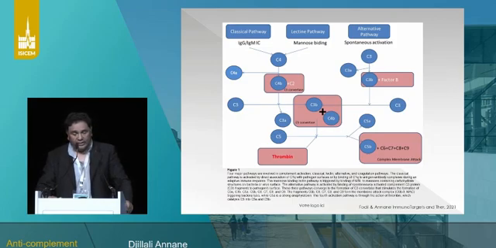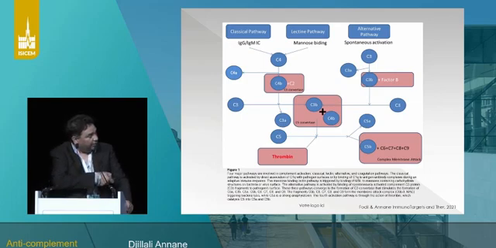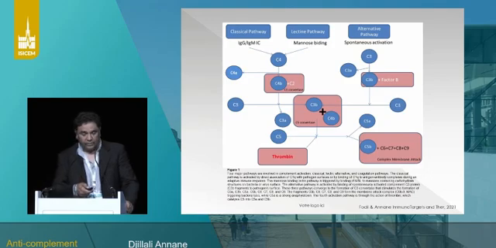There's also the alternative pathway, where the spontaneously activated C3b fragment will interact with the surface of the pathogens, and finally the coagulation pathway, where thrombin can directly activate complement factors.